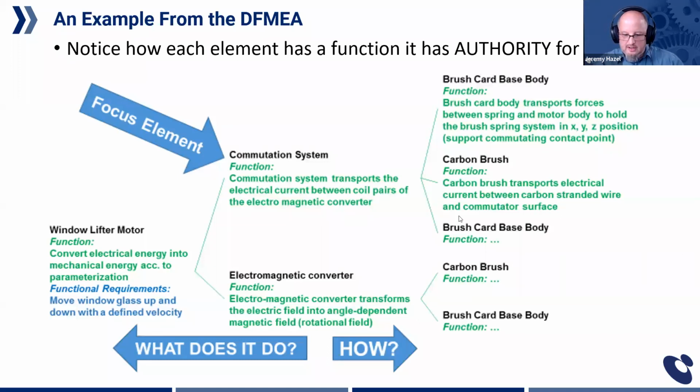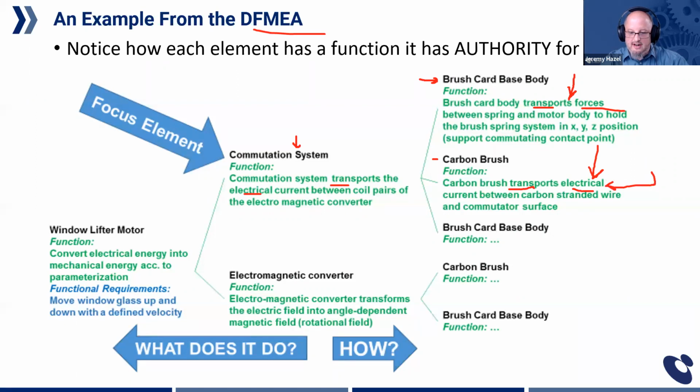All right, let's do a little bit of searching here. Notice here, brush card base body transports force. Is that verb noun? Yep. Carbon brush transports electrical current. Yep. Notice this function is unique to this function. Now the commutation system, and we're talking design, transports electrical current. Well, that looks a lot like this, right?